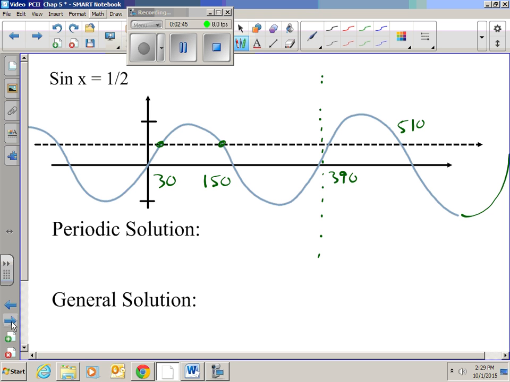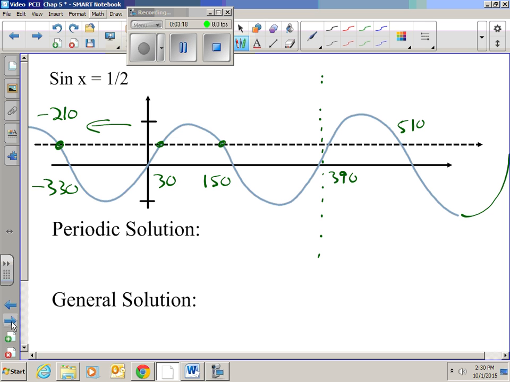Also, don't forget I'm going to have answers as I move to the left too. For example, this one would be negative 210, and going to the left I would have another one at negative 330. There are, in essence, an infinite number of answers. It's basically any 30-degree angle in the first or second quadrant, no matter how many times around the unit circle we go.